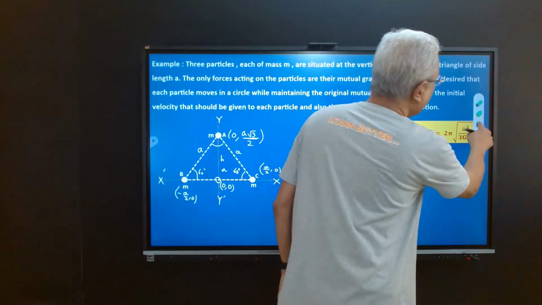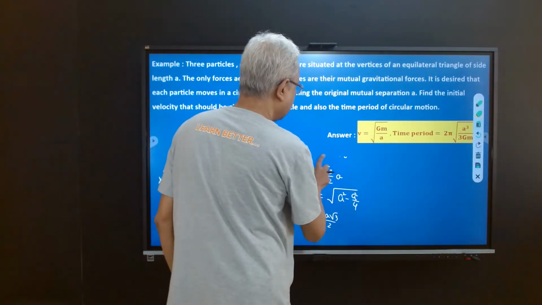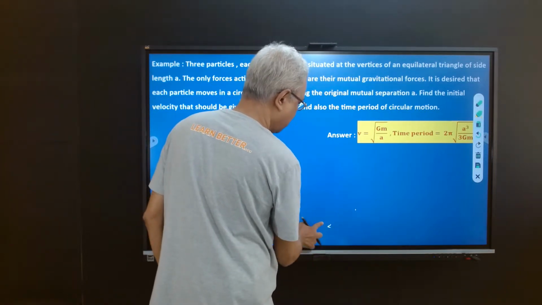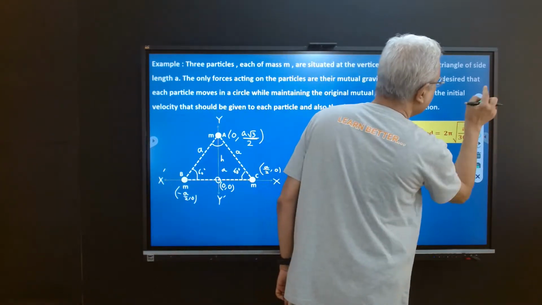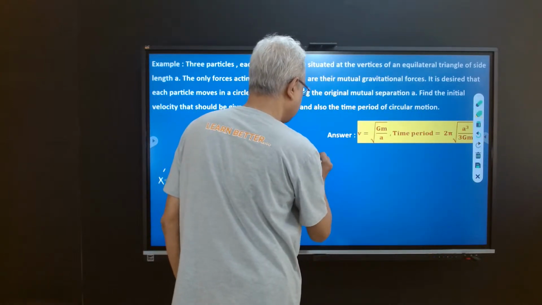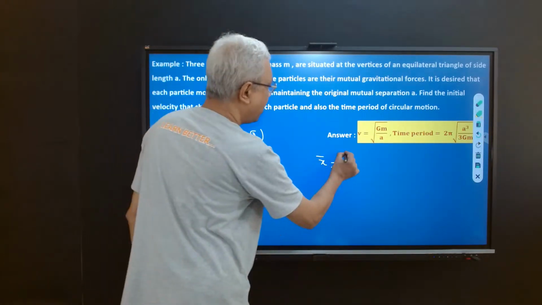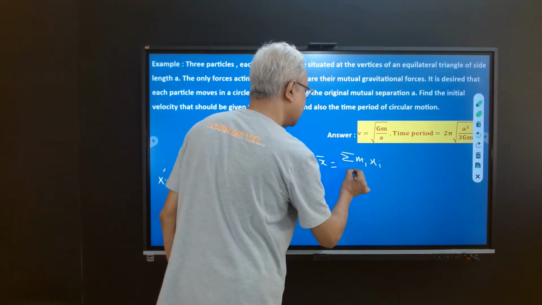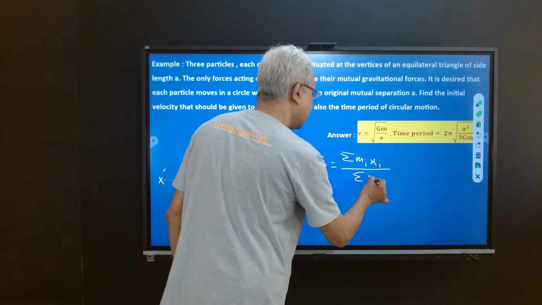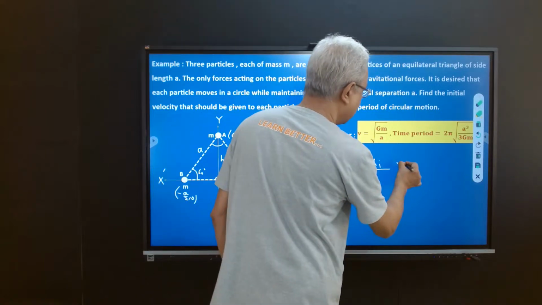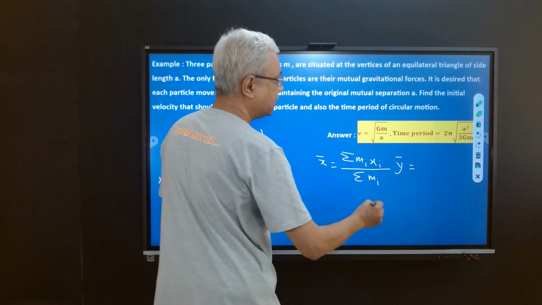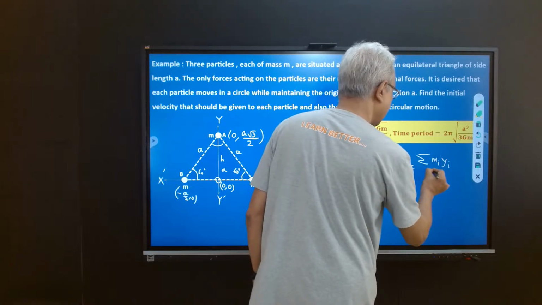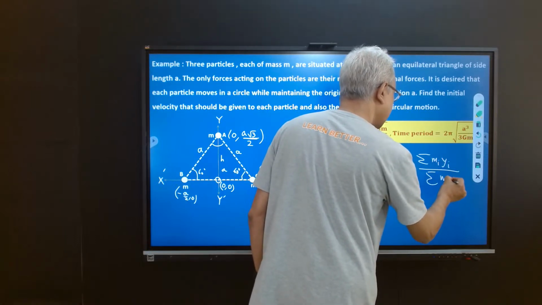What is the coordinate of the center of mass? You remember, the coordinate of the center of mass of a system of particles can be calculated using this formula: x bar is sigma mi xi divided by sigma mi, and y bar is sigma mi yi by sigma mi.